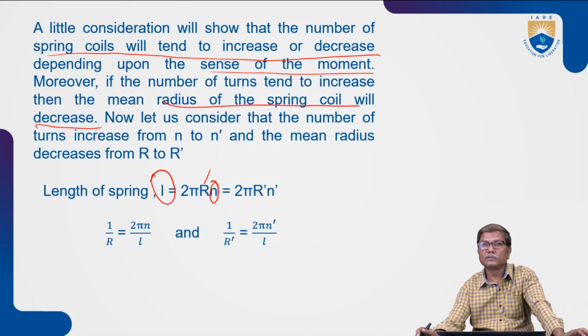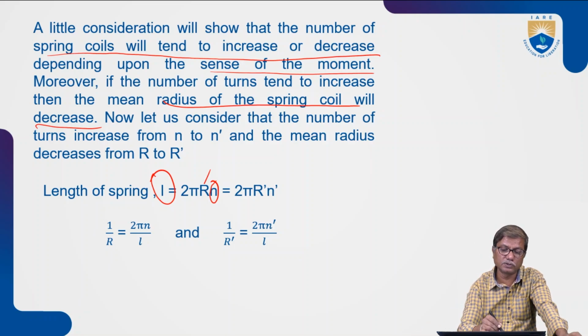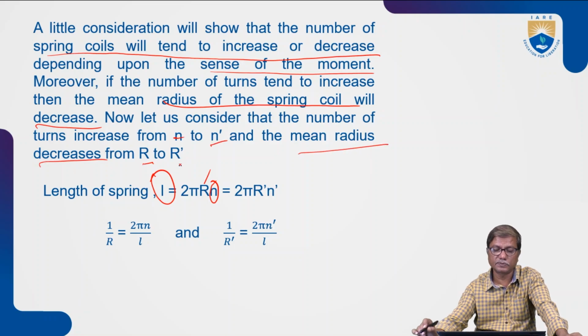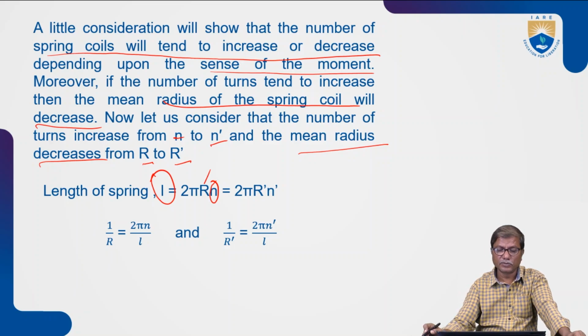So let us now assume that the number of coils increases from n to n dash, and mean radius decreases from r to r dash, okay, understand? So number of turns are increasing and hence the radius of coil decreasing, okay.